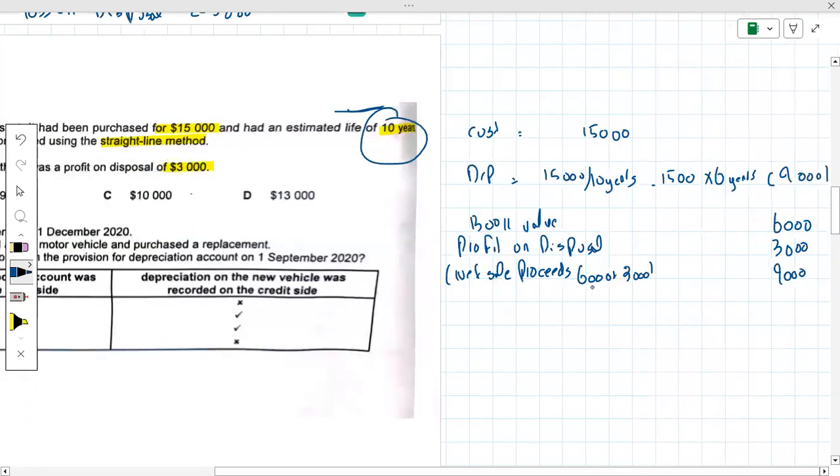So net sale proceed was 6,000 plus 3,000, its net book value and its profit on disposal. So it would give us $9,000, and we have to add its disposal cost, which is $1,000. So altogether, its sales proceed in gross is equal to $10,000.